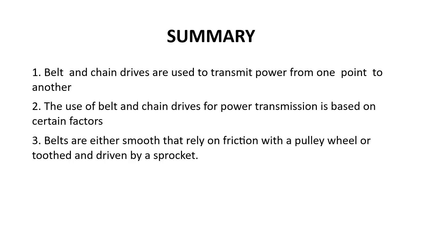Some of these factors are the cost of the belt and chain, smoothness of the belts and chain, the space for the belt, the weight of the belt or chain, the noise constraints, power to be transferred, long service reliabilities, and others. So we see that the use of belt and chain drives for power transmission is based on certain factors.